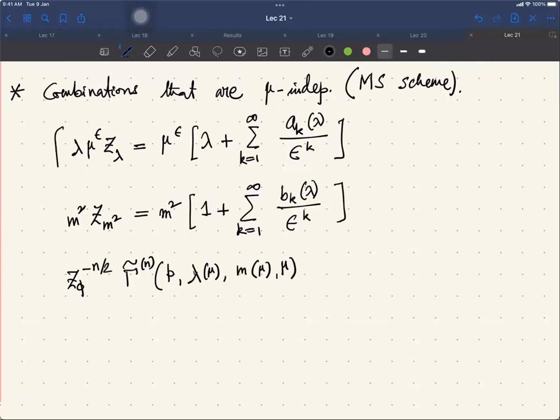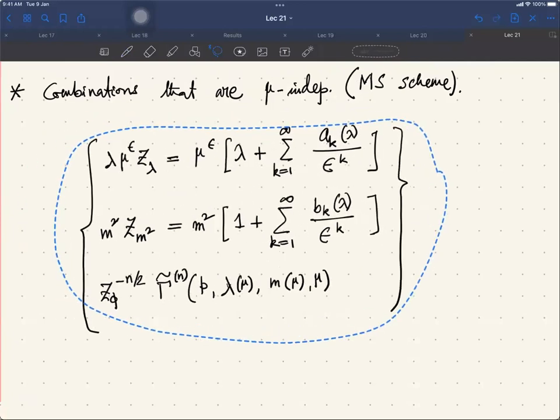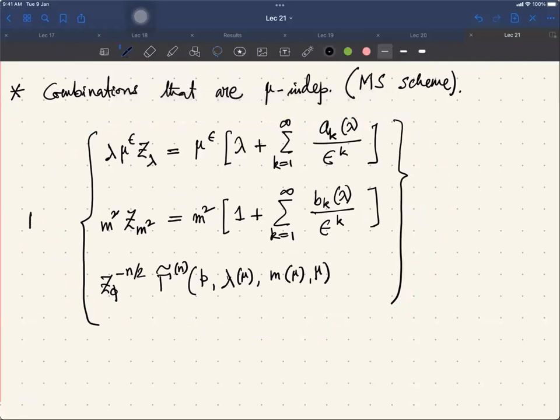These are the combinations that are mu independent, and therefore if you apply mu times d by d mu on them, then it must be 0.